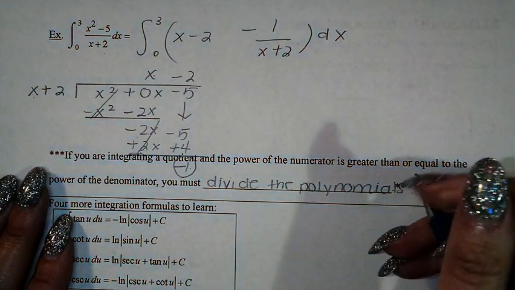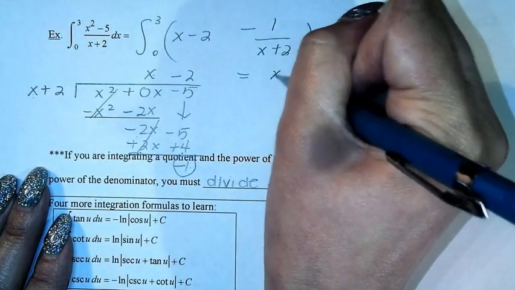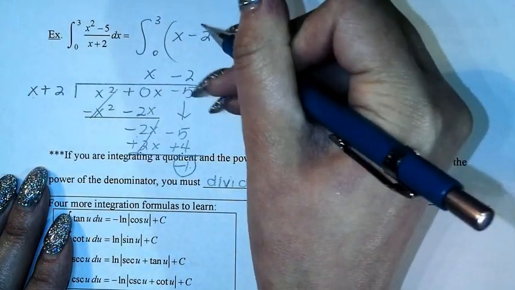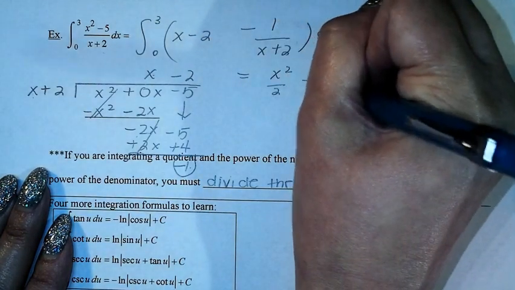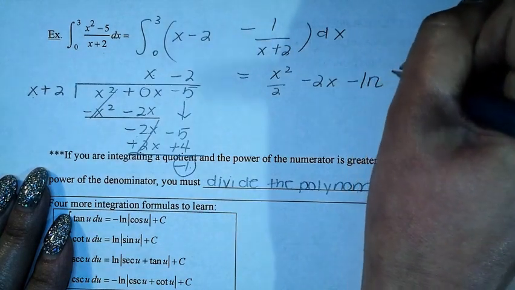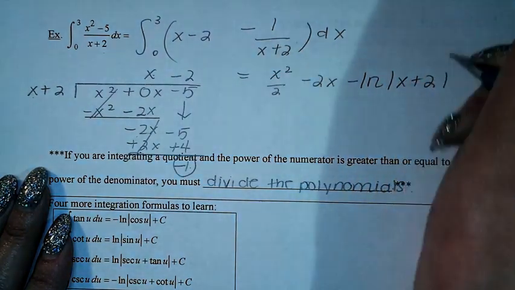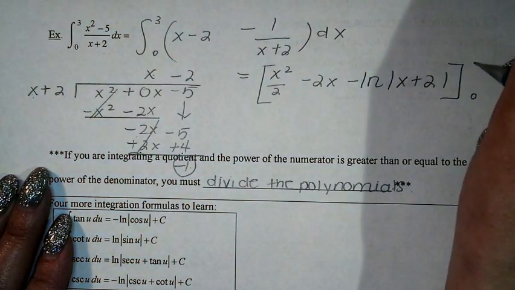So what you can see now is that this integral is going to be x squared divided by 2. The integral of negative 2 is negative 2x. The integral of this one is going to be negative natural log of x plus 2. And then you evaluate all of this from 0 to 3.